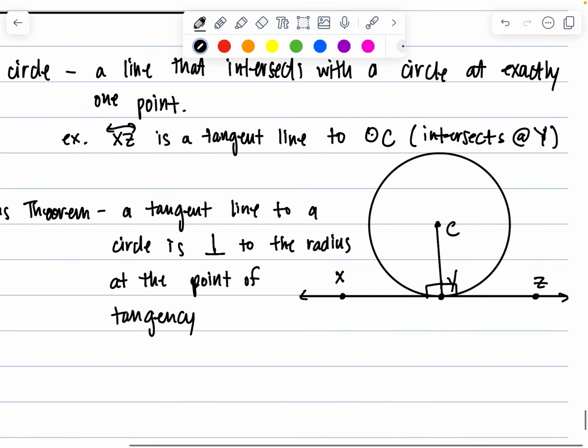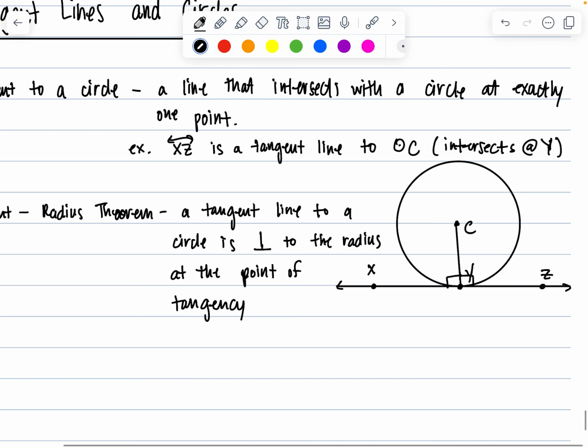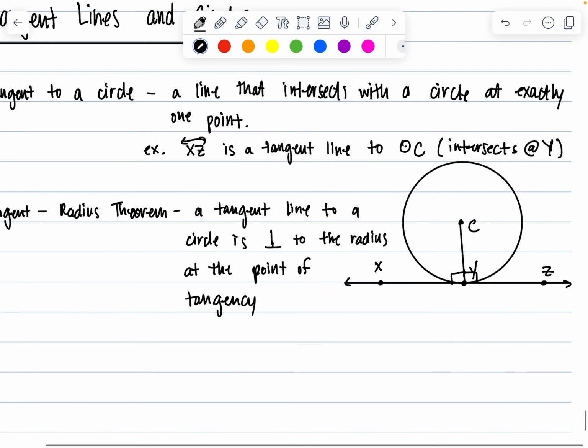That's always going to be the case. So for example, we could say XZ is perpendicular to CY at point Y. That's the point of tangency.